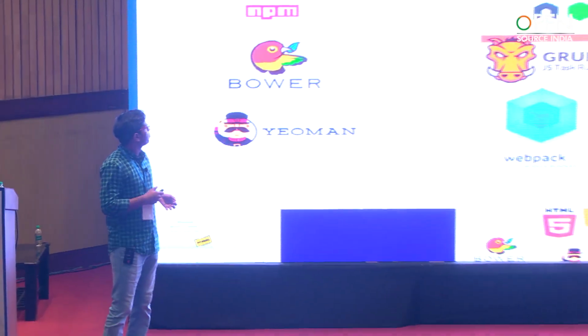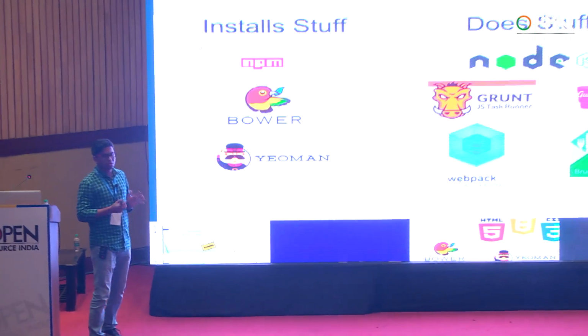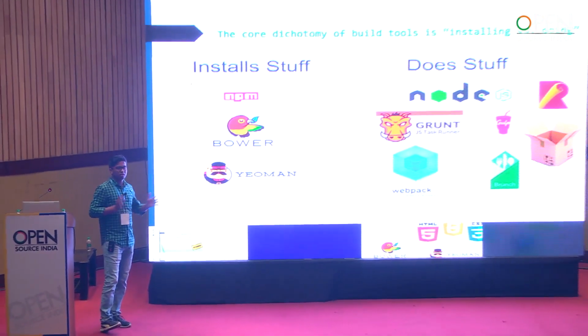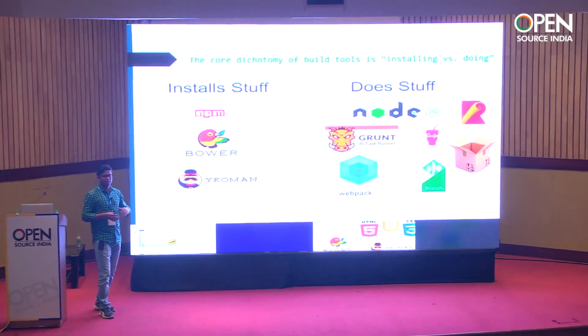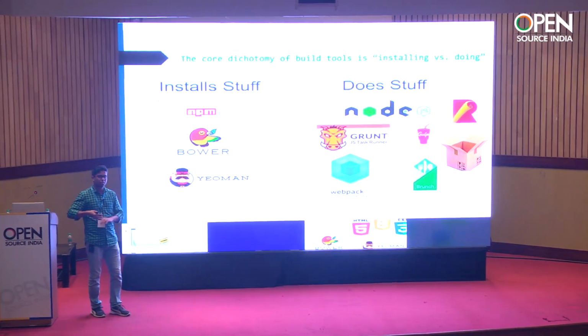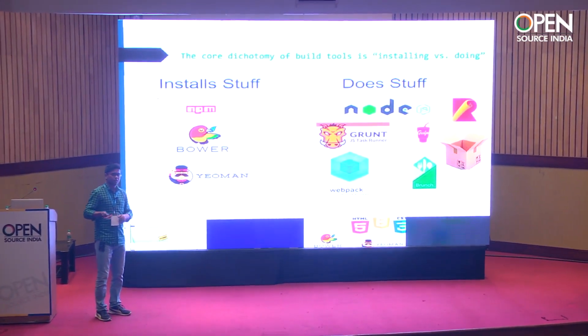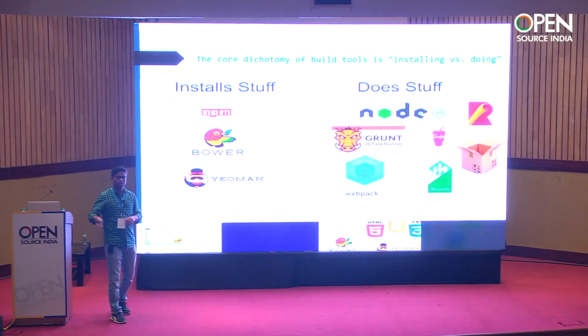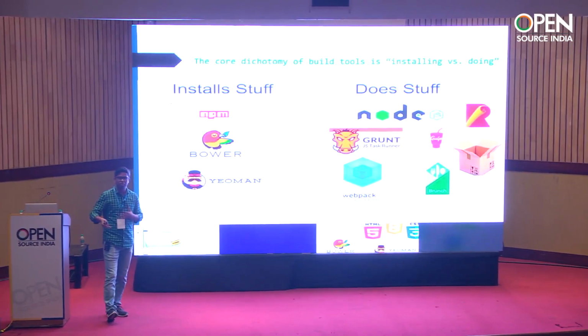And what are gulp, webpack, grunt? I see them in some projects, I don't see them in other projects. So how do we make sense of it? The core dichotomy is just what each build tool does: whether it installs or whether it does some stuff. That stuff can be bundling, tree shaking, task running, or starting a dev server.